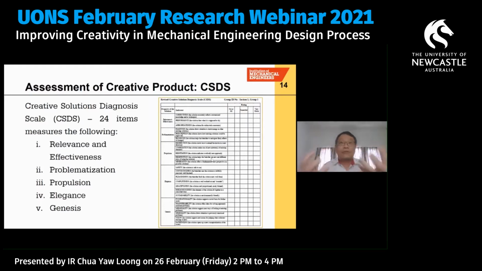We talk about the efficiency of the solutions, whether it's a product, it's a service, it's a, what do you call that, the SOP, things like that. Then the second one, problematization and propulsion. Basically, we are talking about the novelty here. We split the novelty in 2 particular domains. And the last one would be the elegance and genesis, as I explained previously.